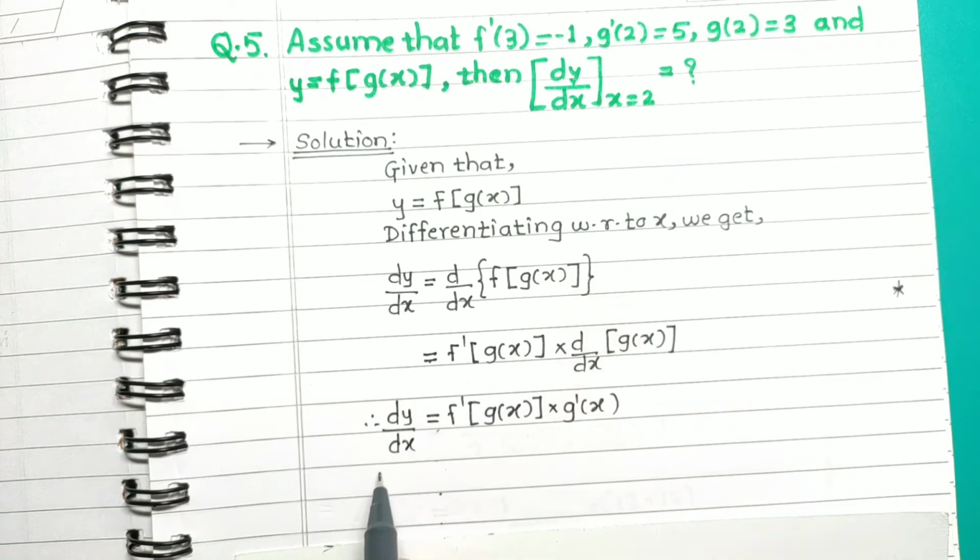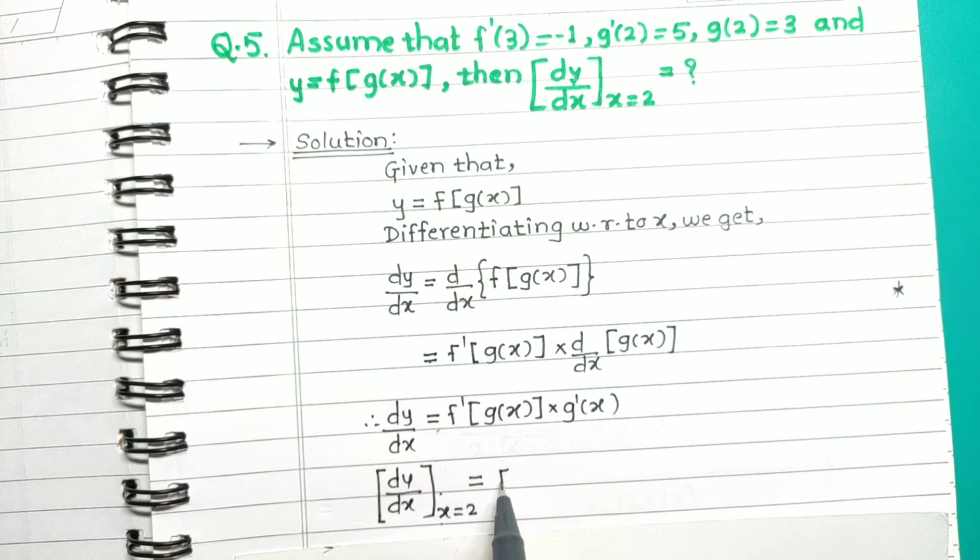Okay, so we are going to substitute x is equal to 2 in this equation. So dy by dx at x is equal to 2 is, you substitute x is equal to 2 here, so f dash of g of 2 into g dash of 2.